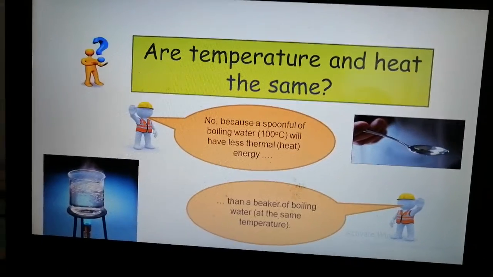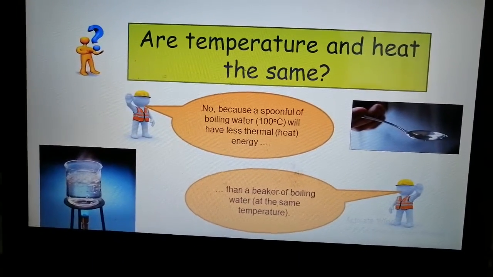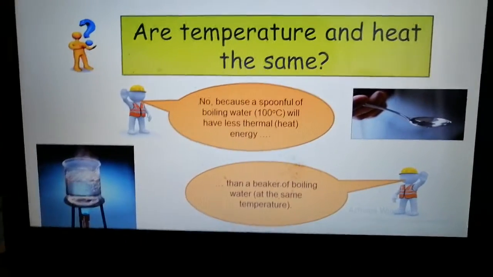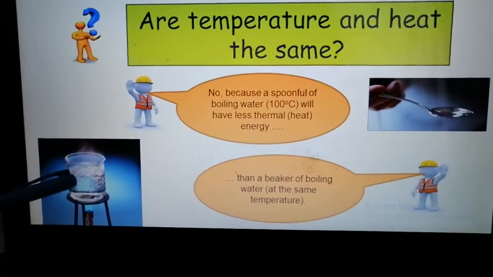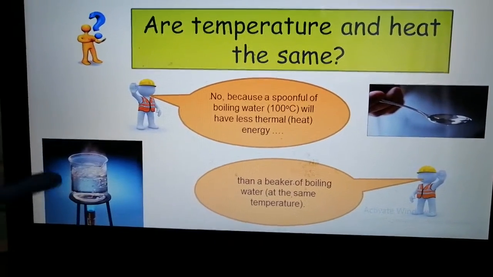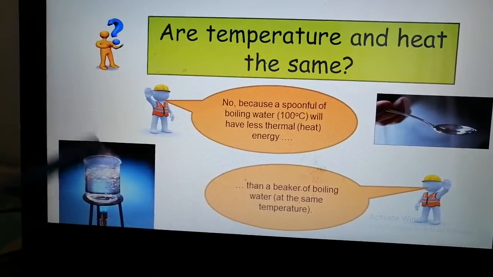Look at here. Are temperature and heat the same? No, because a spoonful of boiling water at 100 degrees Celsius will have less thermal energy than a beaker of boiling water at the same temperature. For example, here in the boiling water, this one is 100 degrees Celsius, right? And then I take one spoonful of water.